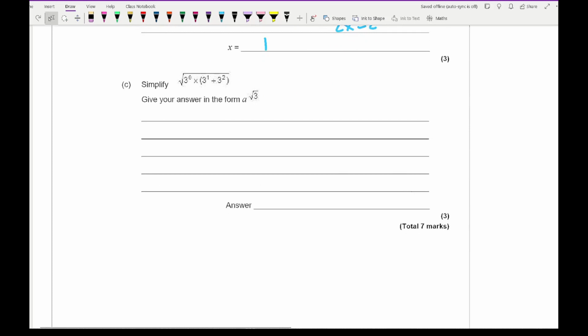Then with C, we've got simplify the square root of 3 to the power 0 times 3 to the power 1 plus 3 squared. Let me just rewrite it. There we go. So looking at this, 3 to the power of 0 is just 1 times, and then if we work this out here, we've got 3 plus 9, which is 12.